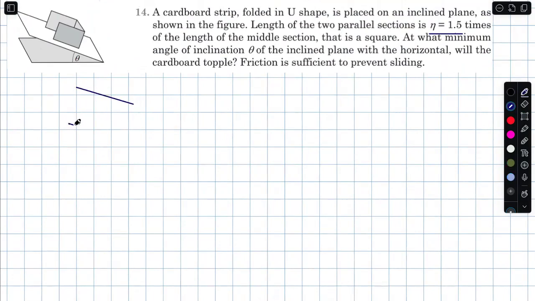Remember, I'm just drawing for a simple scale for you. If the mass of this portion is m, the mass of this portion will be eta m, and the mass of this portion is also eta m, and the center of mass lies somewhere over here.